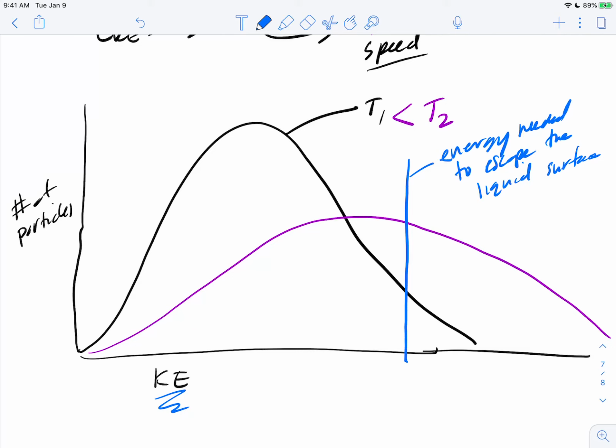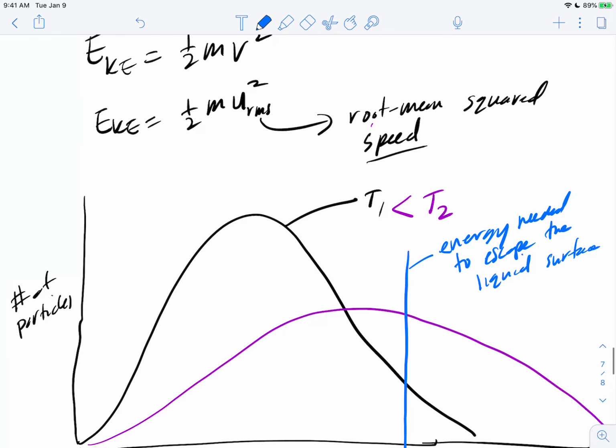So I'll write that right here: more or stronger IMFs require more kinetic energy, which is this energy term.